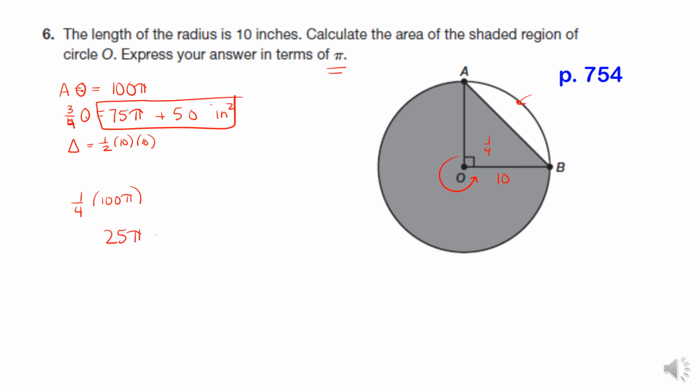And then minus the triangle, so that would be 50. So then you would calculate 78.5 minus 50 equals 28.5. And that would be just the area of the segment.